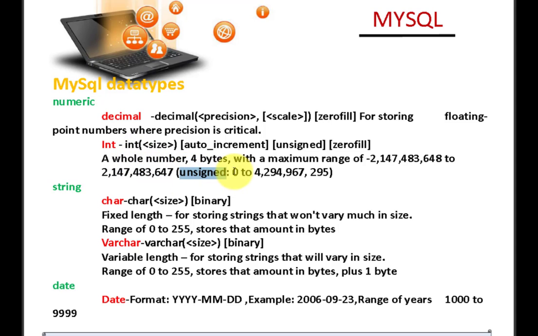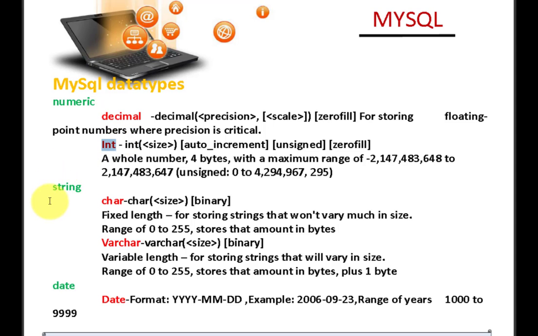Without the sign, that is unsigned, the value is kept in the range 0 to this. Clear? So when you want to keep numeric data in a column, you can use the decimal and integer data types.